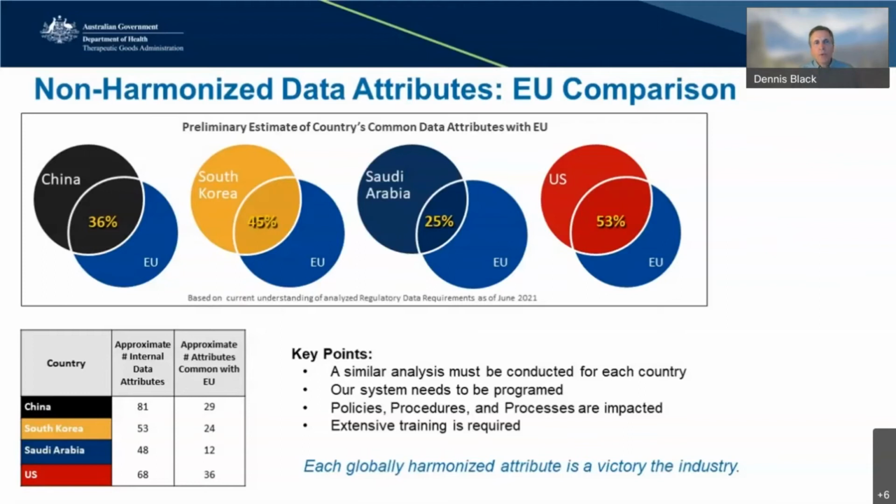So we've done this for each and every market. And you can see how confusing this does get, because we need to understand, across Europe, which attributes can be recycled. And then for each other market, we need to do this. And it becomes complicated in that we look at just the overlap between those two markets and the products that are sold in them. But this is the type of analysis that device manufacturers need to do.